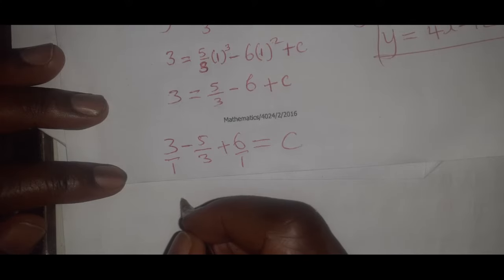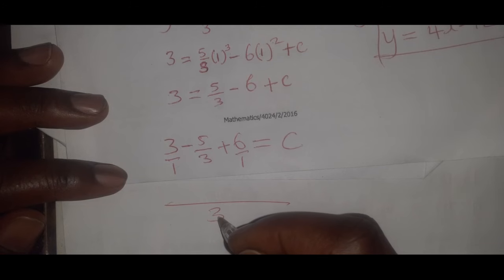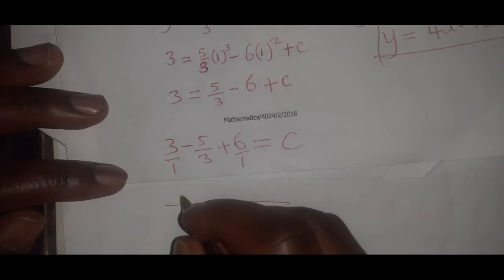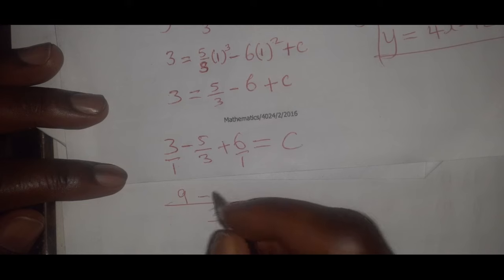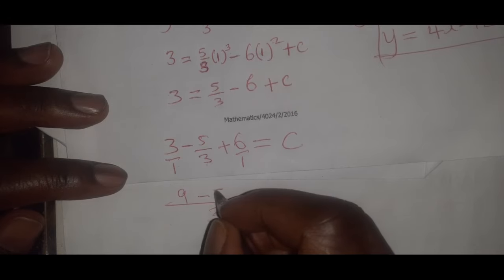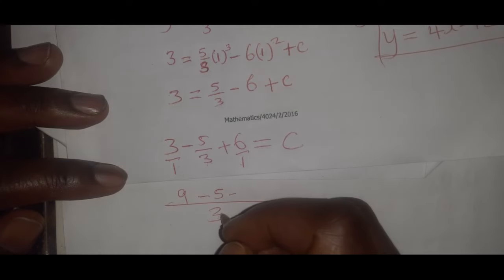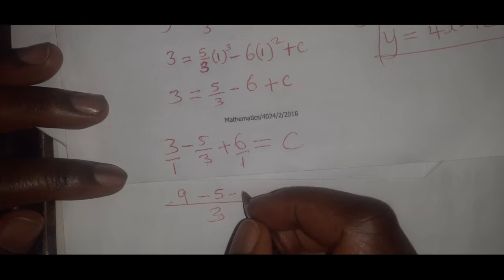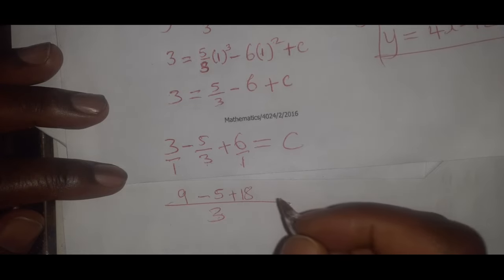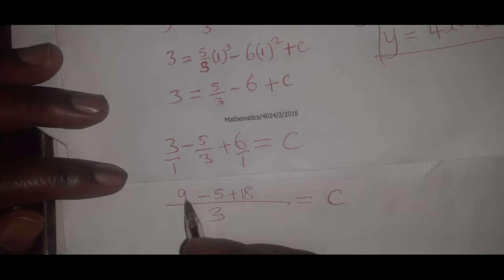What is the common denominator? Common denominator is 3. This one into 3, it's 3. 1 into 3 is 3. Then 9 minus 5. 3 into 3 is 1 multiplied by 5. This is going to give us what? 3 multiplied by 6, we have 18. So when we subtract here, what are we going to get?